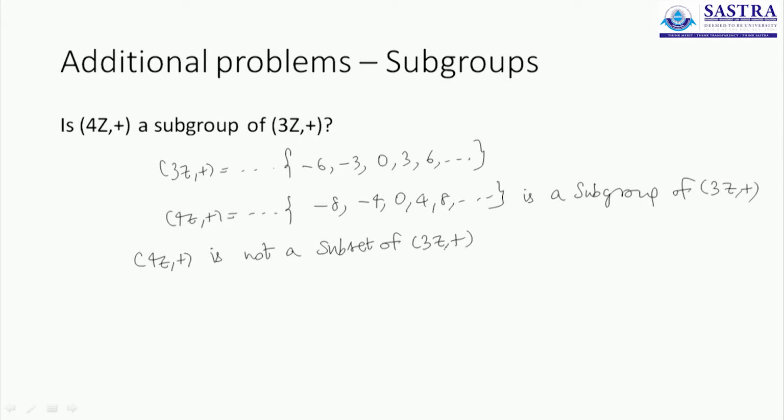It's not properly contained. 4 is absent in 3Z+, 8 is absent in 3Z+, 0 is present, that's okay, but it's not perfectly contained, so it's not a subset. If it's not a subset, it cannot be a subgroup of 3Z+.